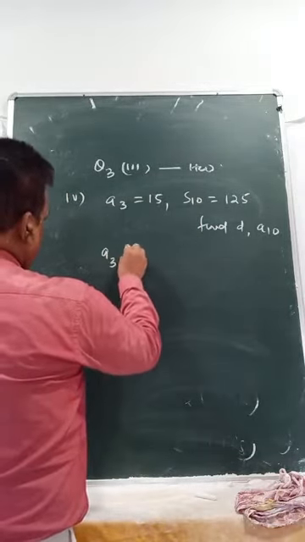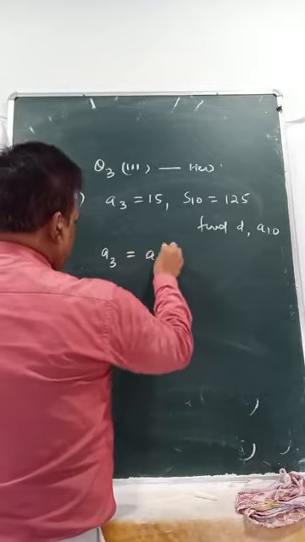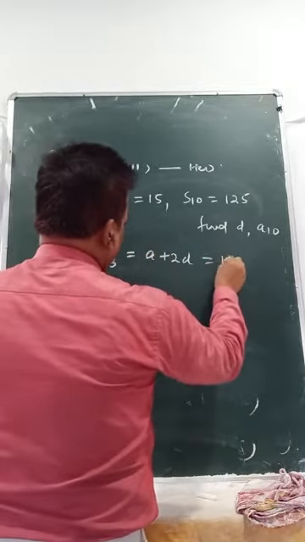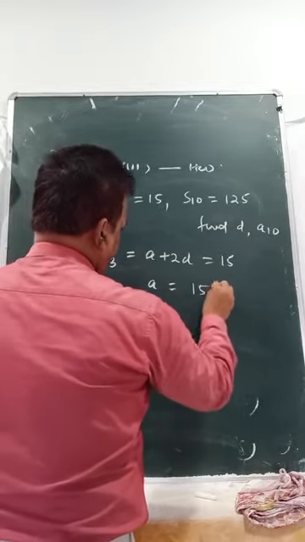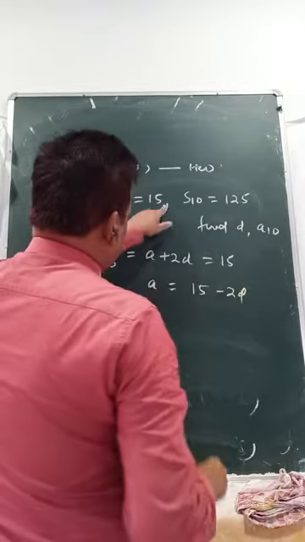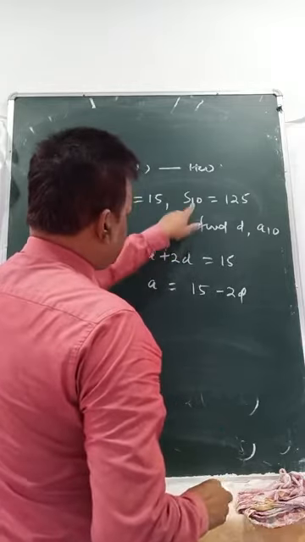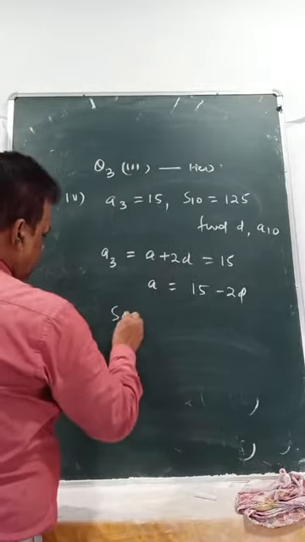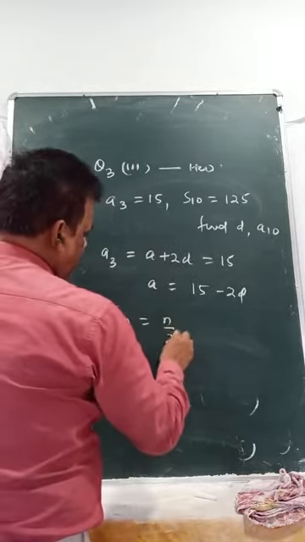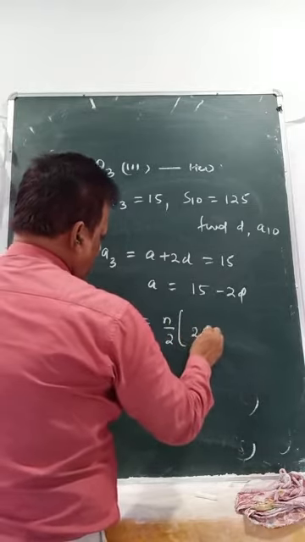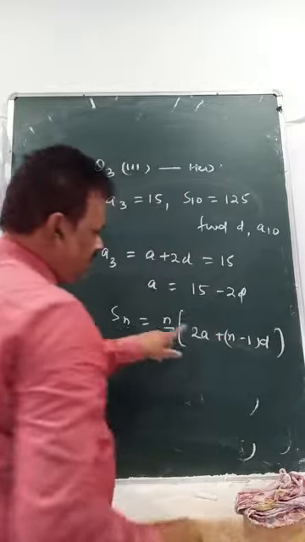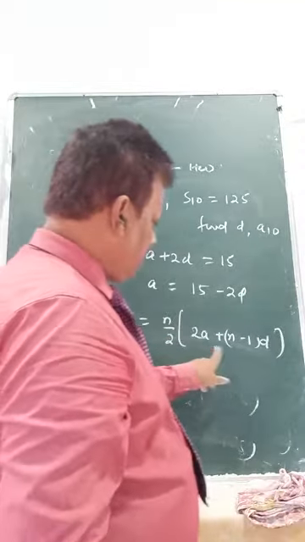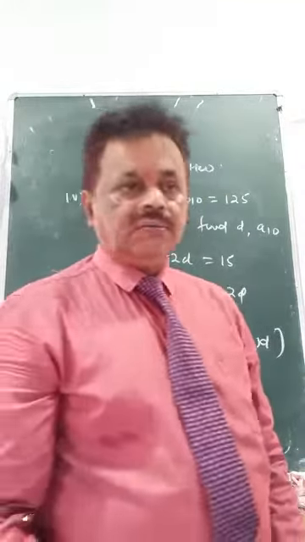A3 means A plus 2D equals 15. So what is A then? 15 minus 2D, because you would put this value in S10. What is the S10 formula? N by 2 (2A plus (N minus 1) into D), because the last term is not given. So when the last term is not given, we use this formula.